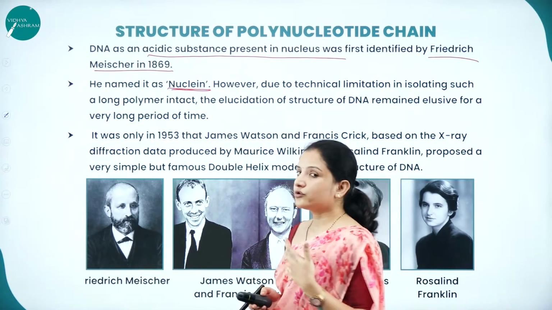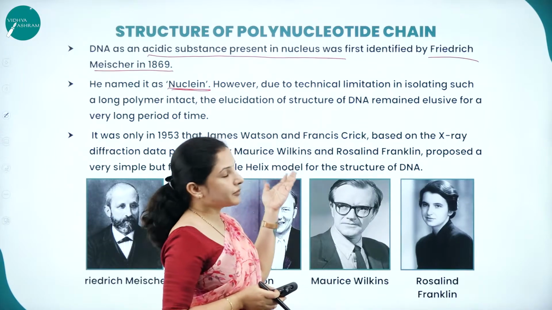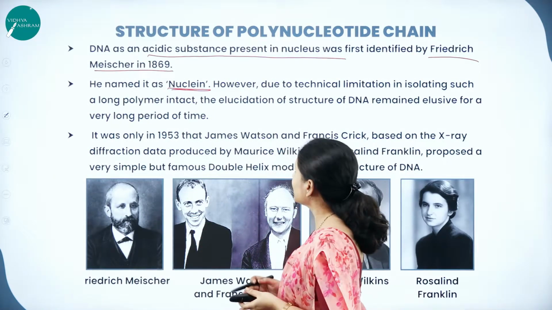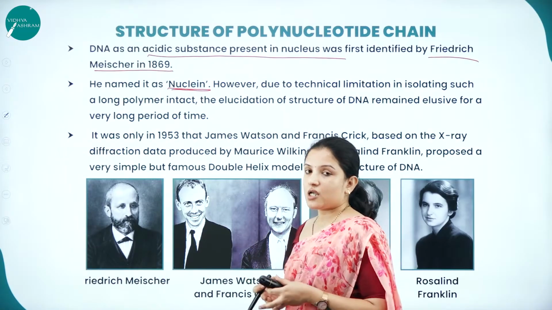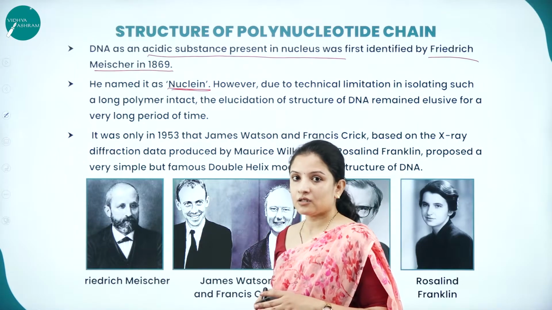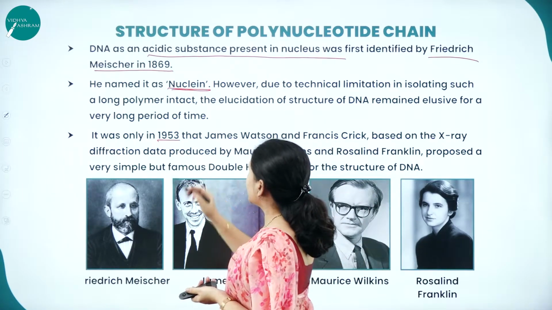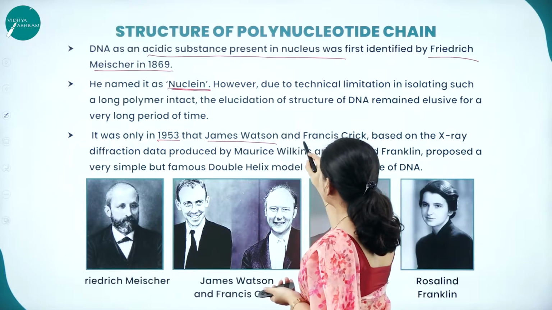However, due to technical limitations in isolating the polynucleotide chain, the proper structure of the DNA could not be put forward by the scientists before. Later, in the year 1953, it was James Watson and Francis Crick.